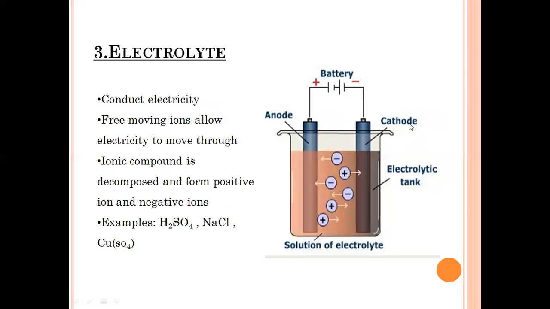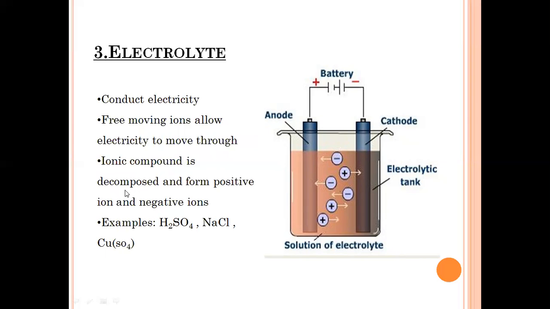The last part of the cell is the electrolyte. The electrolyte is the solution which we use in this cell. Basically this liquid conducts electricity. Why? Because there are free moving electrons or ions which allow electricity to move through.